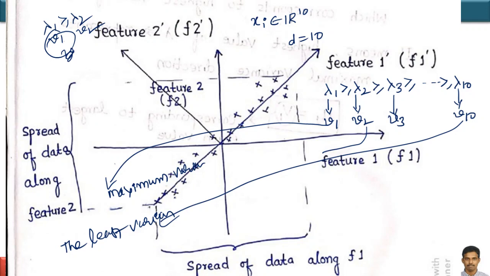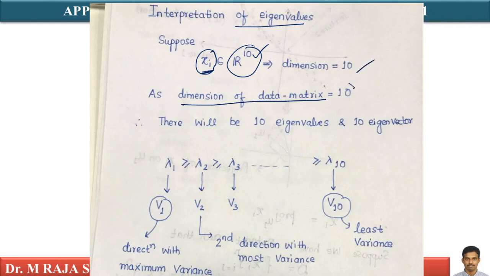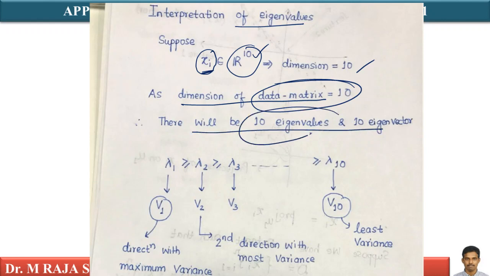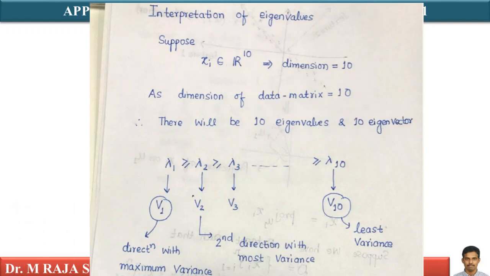That's the geometric interpretation. Let me repeat this; I am just rewriting it. Interpretation of eigenvalues: xi is my data set, and as I told you, it is 10-dimensional, d equal to 10. So you will get 10 eigenvalues and 10 eigenvectors. I am arranging all these eigenvalues like this, and these are the corresponding eigenvectors. Now you must say something about eigenvectors.